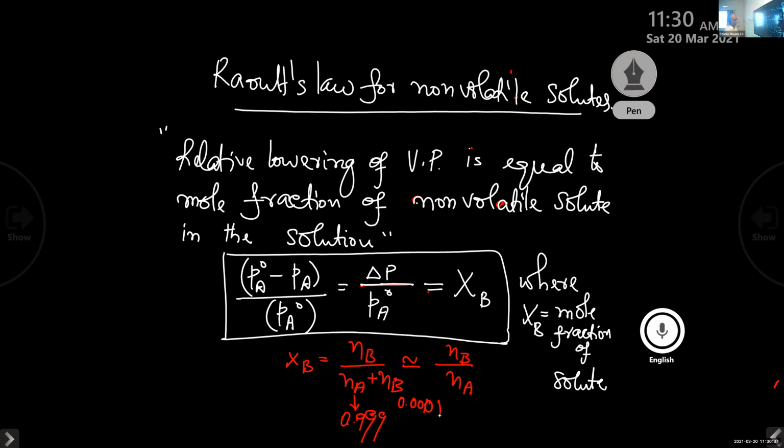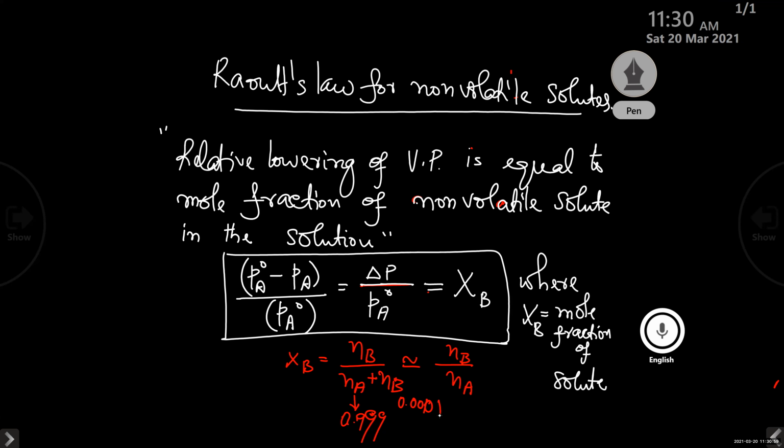Suppose 0.001, that is Nb, a very dilute solution. So what will be Na plus Nb? Approximately equal to Na.